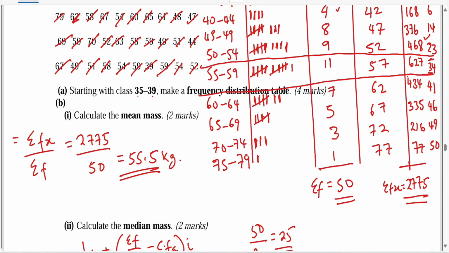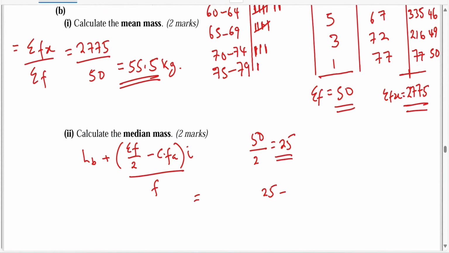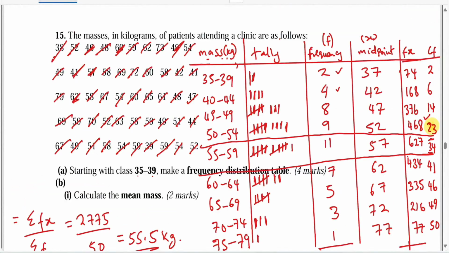So 25 minus 23, divided by frequency. Divided by which frequency? The frequency of this class which we highlighted, which is this one.